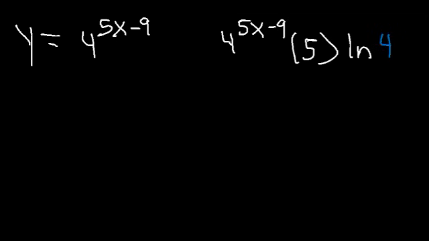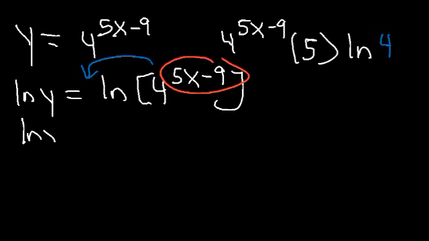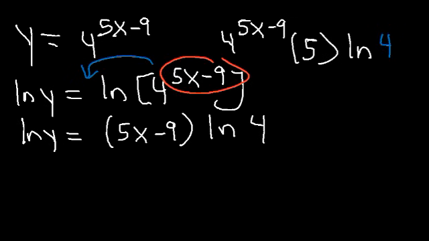So let's begin. Let's take the natural log of both sides. And then let's take the exponent and let's move it to the front. So it's ln y is equal to 5x minus 9 times ln 4. Now let's differentiate both sides with respect to x. So on the left side, it's going to be 1 over y times dy dx.